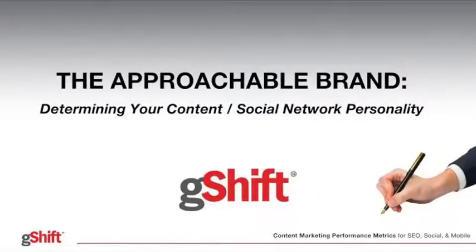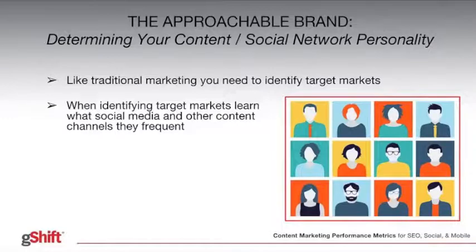So next up, determining your content and social network personality. Like traditional marketing, you need to identify your target markets. You need to know who you're talking to and where they are. So when you're identifying them, you need to learn which social media they're on and other content channels they frequent.